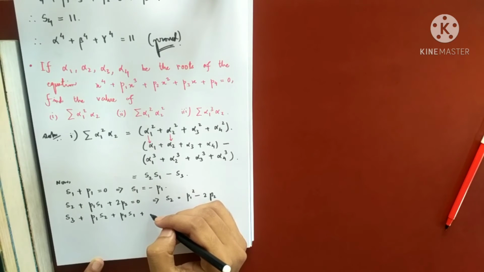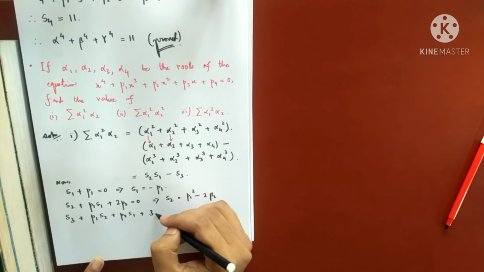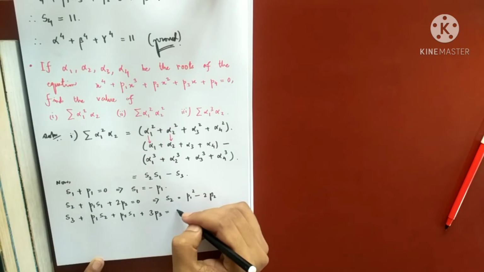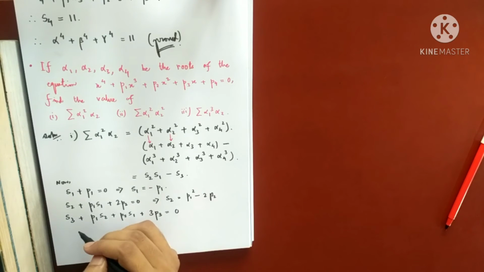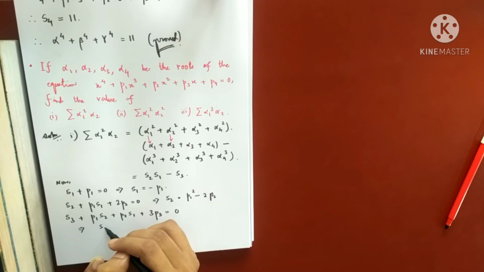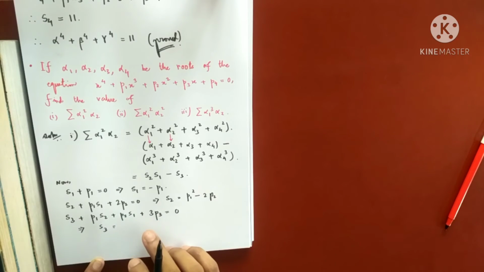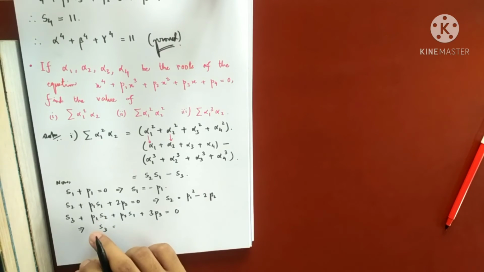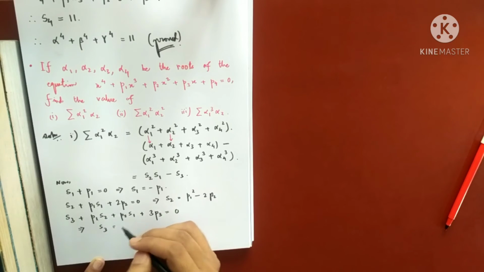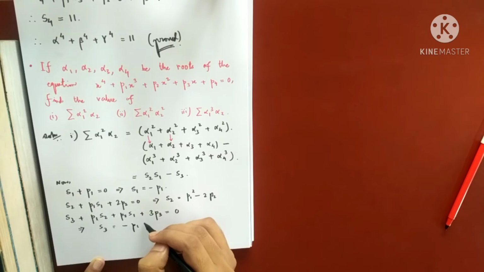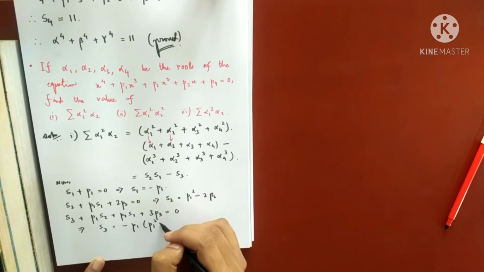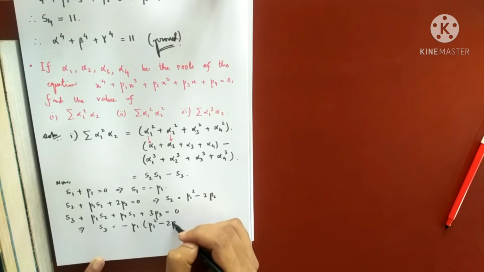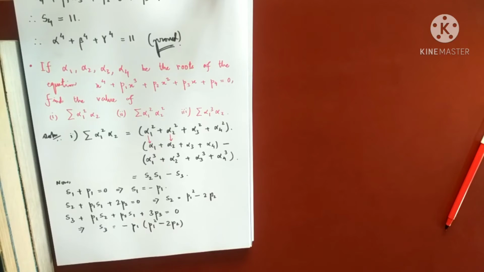3P3 equals 0. So that will give me S3 equals, let me send this to that side, minus P1 with S2, which is P1 square minus 2P2. See, when P1, P2, P3 and P4 are numbers, this will be easier to compute.